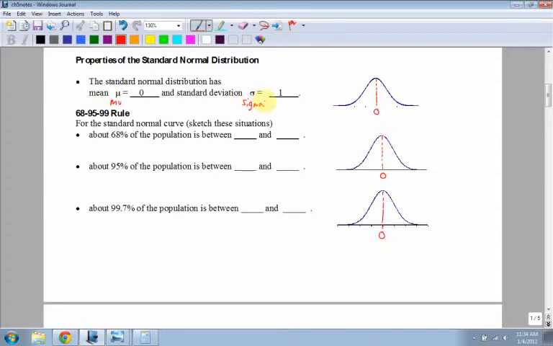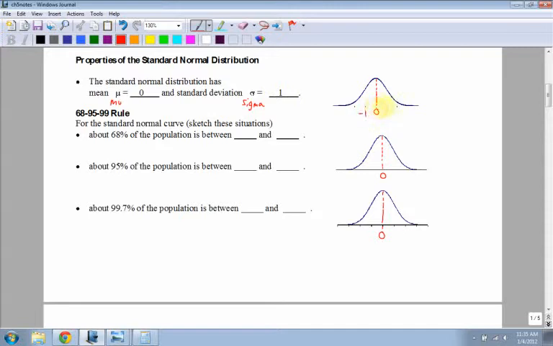So if I'm looking at the 68, 95, 99.7 rule, this is kind of how it works. If I have a mean of 0, I know that 68% of the data lies within 1 standard deviation of the mean. So if I go 1 standard deviation this way, and since my standard deviation is 1, that's going to get me to -1.